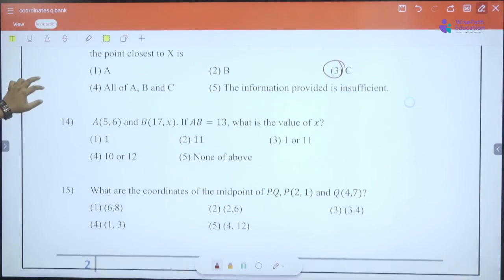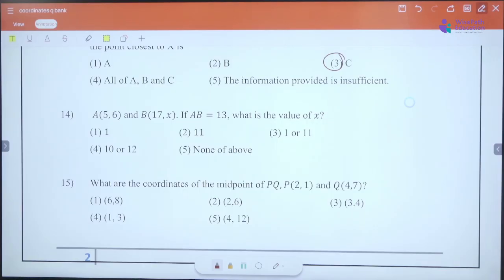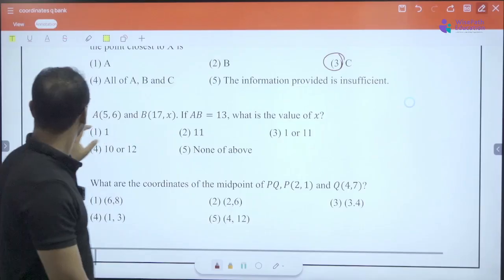14th question. A is (5, 6) and B is (17, x). If AB equals 13, what is the value of x? Right.